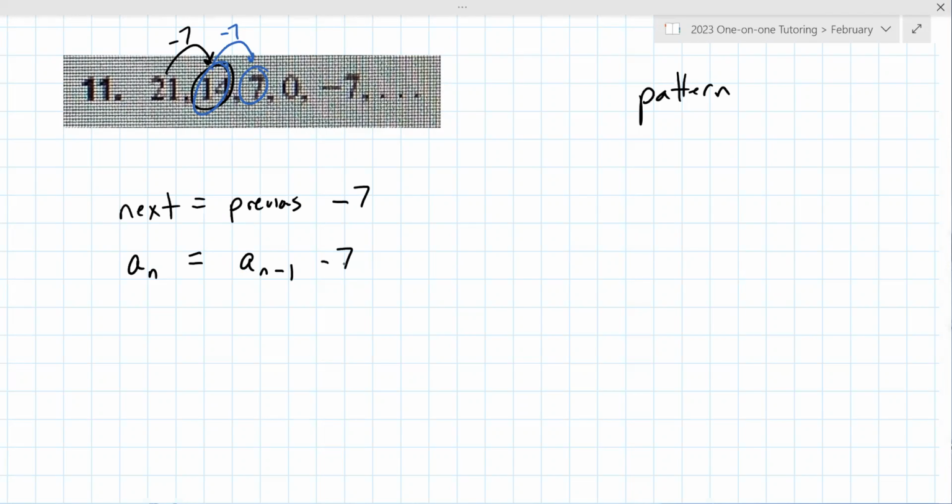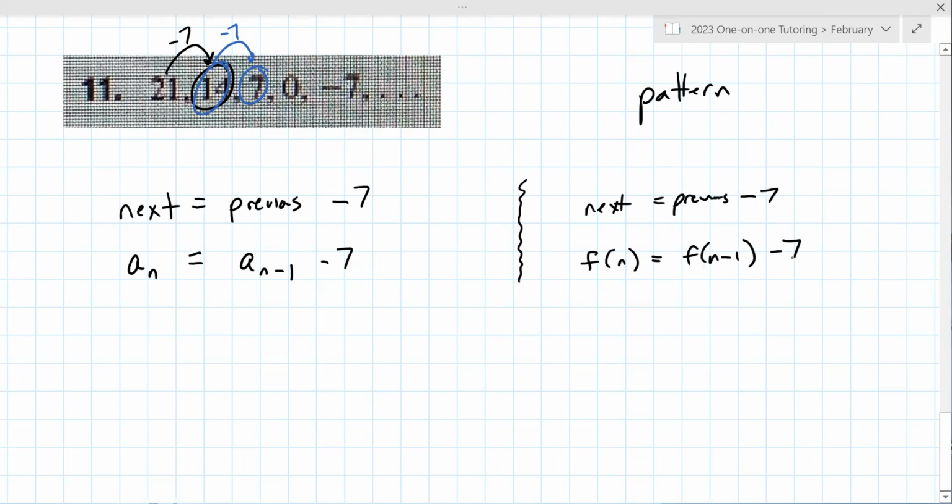The other one would be to use the function notation. So it'd be f of n equals f of n minus 1 minus 7. Those would be okay. Now, what you have written is not complete because you always have to give the first term.